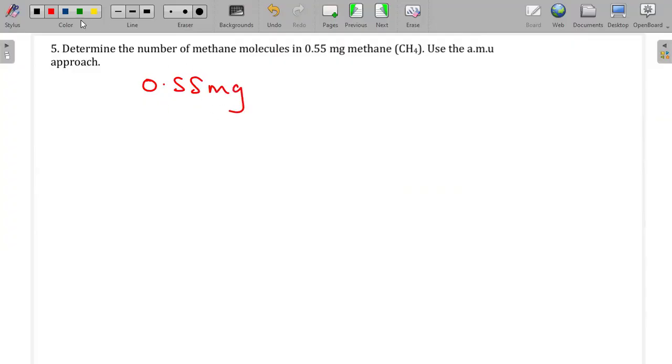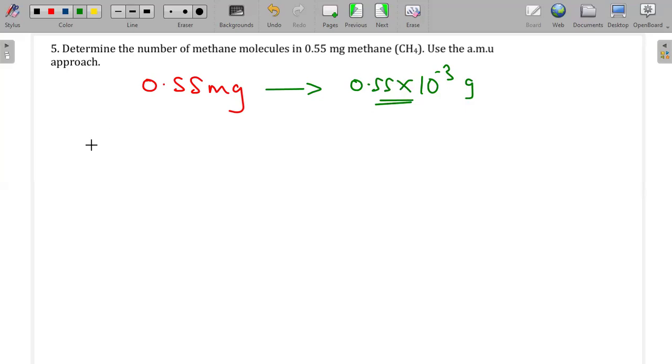So meaning here, we have to first convert the mass to grams. So just use the metric system. That will just be 0.55 multiplied by 10 to the power minus 3 grams, since milli is 10 to the power minus 3. So I have my mass in grams like that.